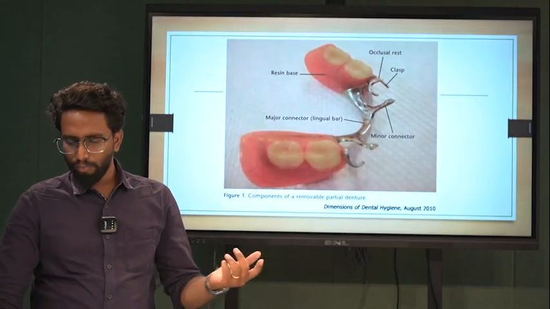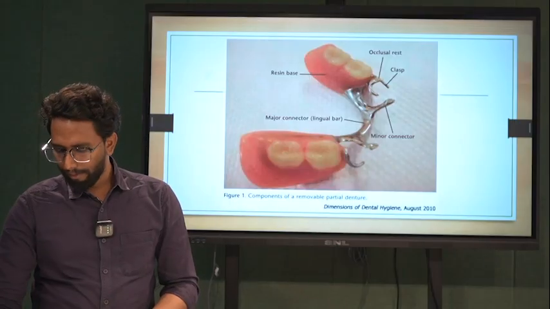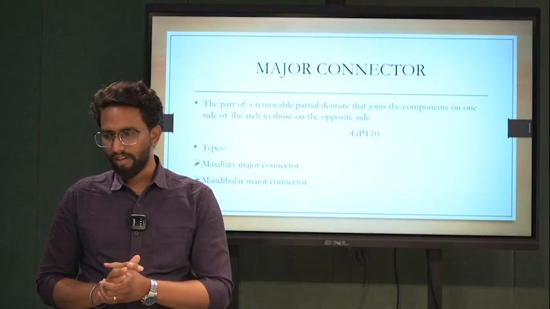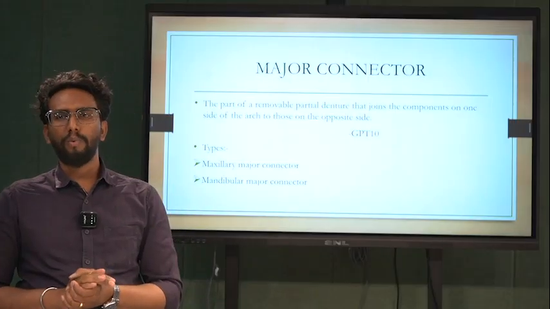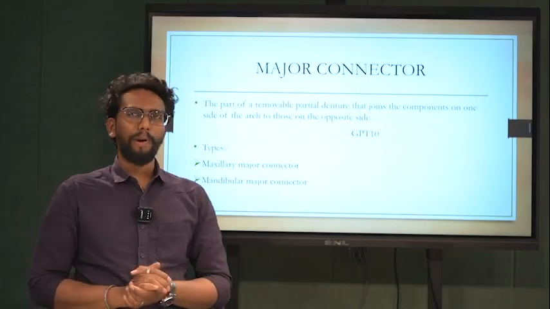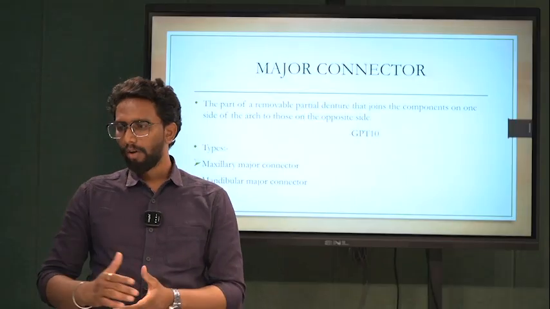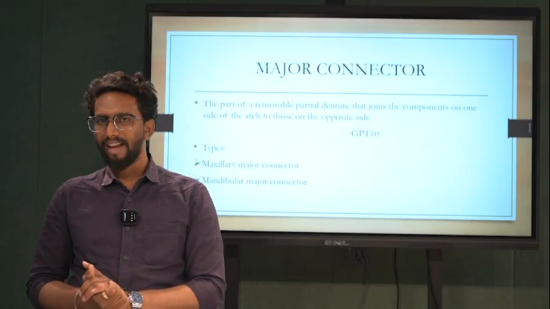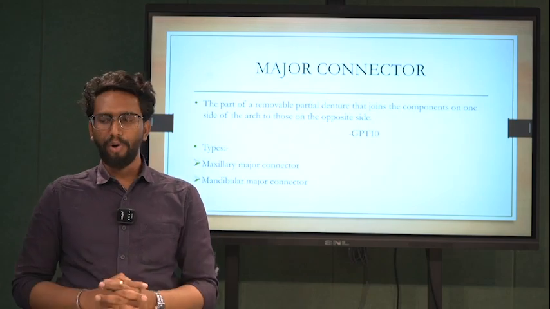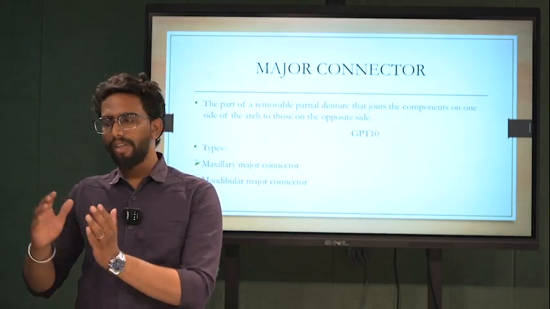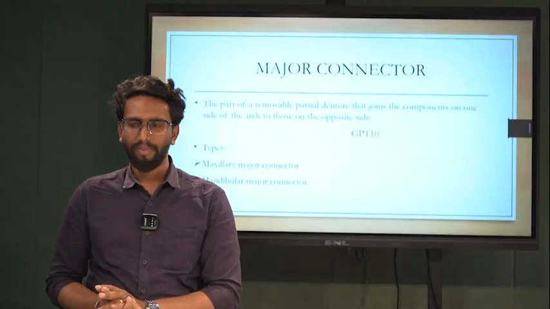Okay, so let's move forward to our first component, which is the major connector. It is the most important and the largest component in the removable partial denture. It is defined as the part of removable partial denture that joins the components on one side of the arch to the components on the opposite side of the arch.